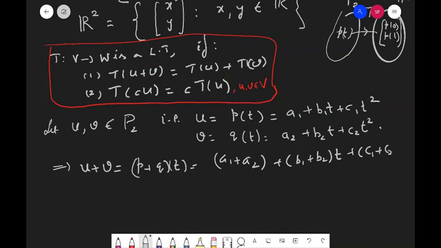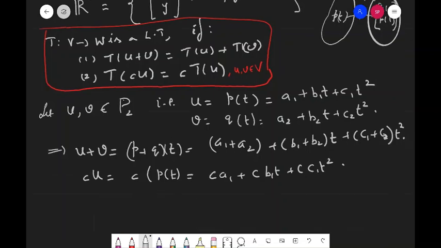And also, what is C into U? That is C into P of T, which is equal to CA1 plus CB1T plus CC1T square.